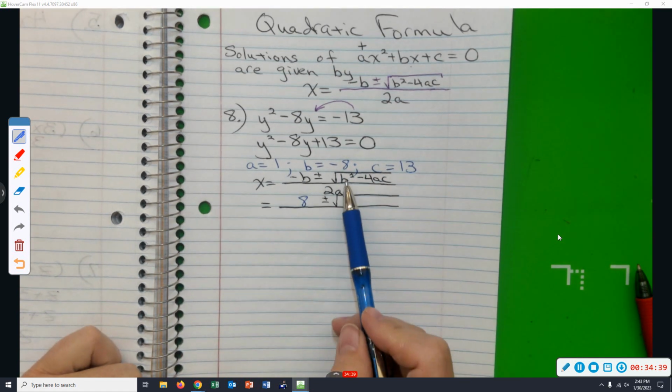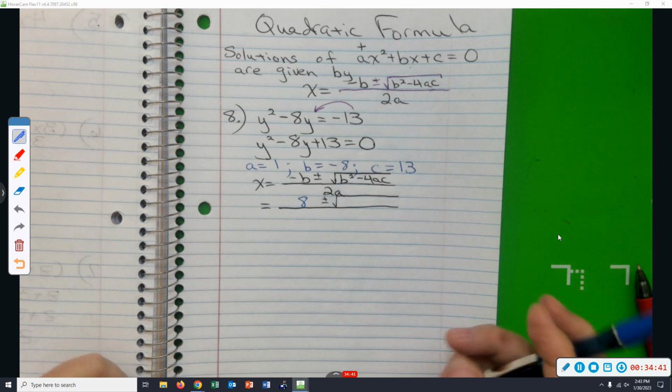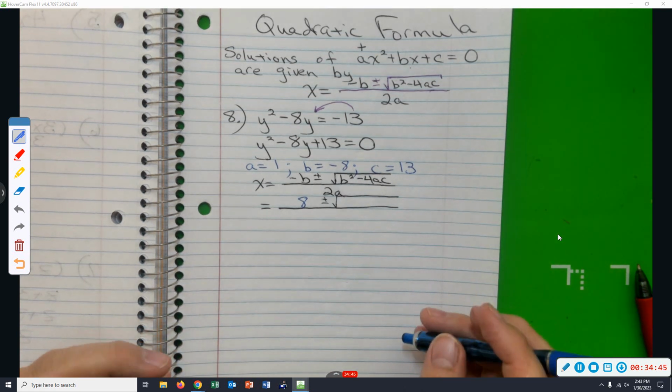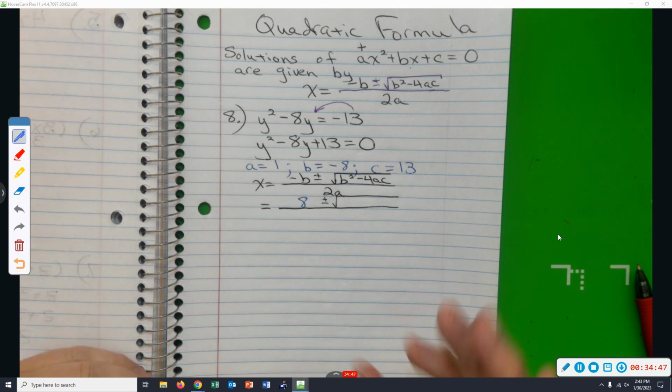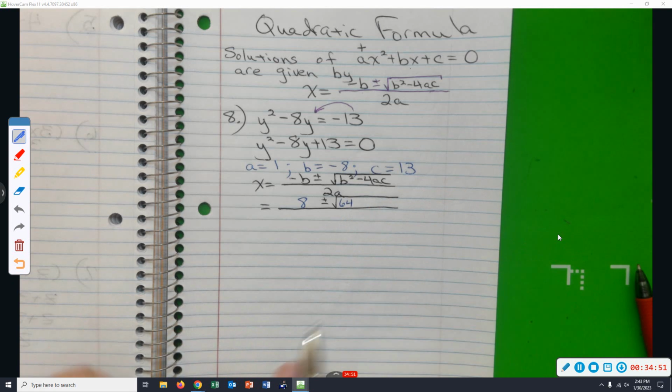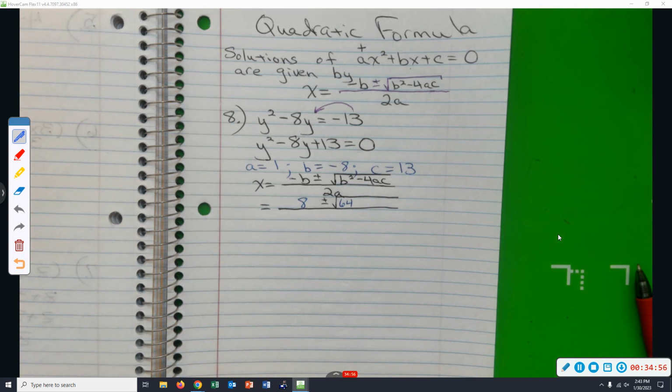B squared. Negative 8 times negative 8. What's that going to give us? Negative times negative is going to be a positive 64. This is one of those times showing every single step is not necessarily helpful. The b squared you can usually do in your head or punch into a calculator real quickly.